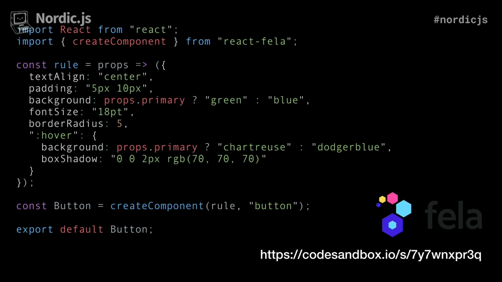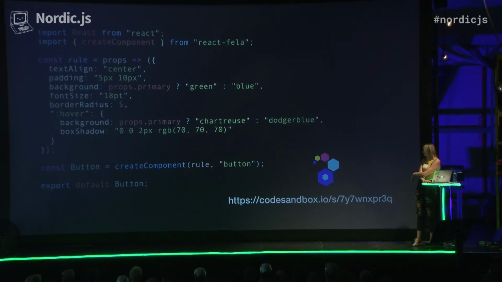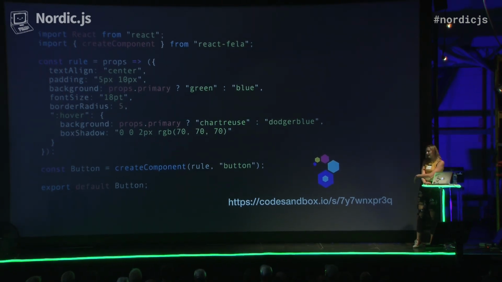When it comes to creating components, it's just a simple API provided for us by Fela. And with the primitives, for example a button, we apply a CSS rule to it, and that's it. I've created the code sandboxes for each of the libraries, so you can check them out later on.